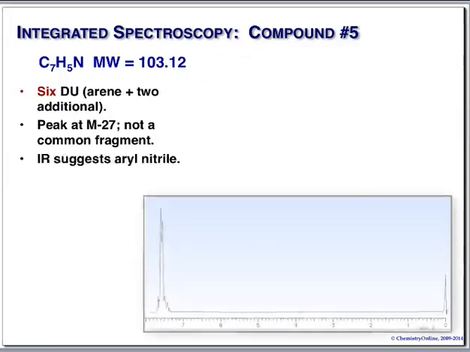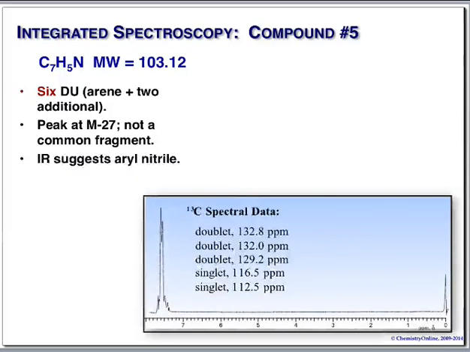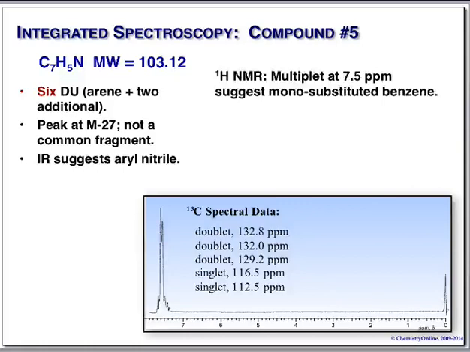NMR. We have a ragged sort of peak down here at about 7.5. This is where we have benzene hydrogens. We would suggest that this is consistent with our substituted benzene. If we look at the C13, remember we can use C13 to pick out substitution patterns on a benzene.